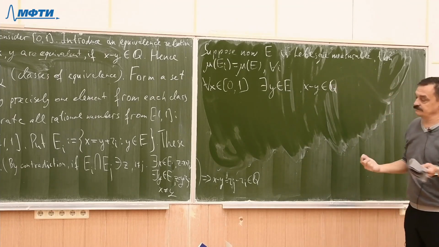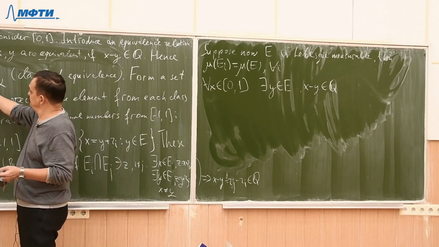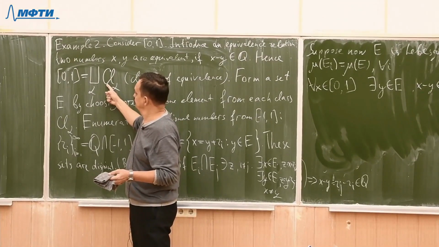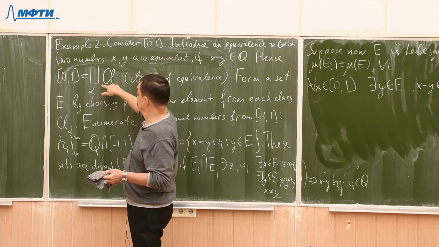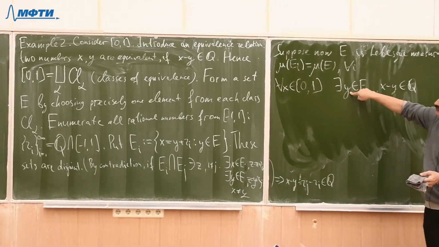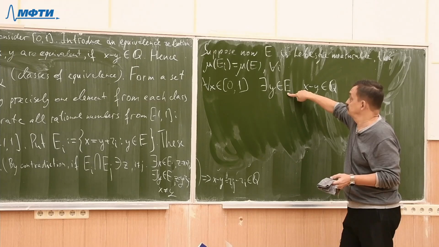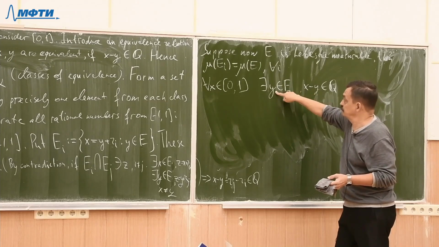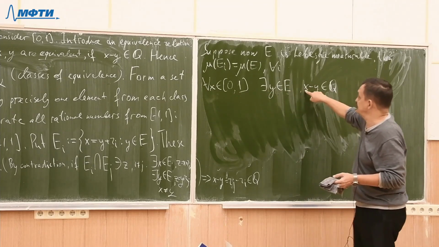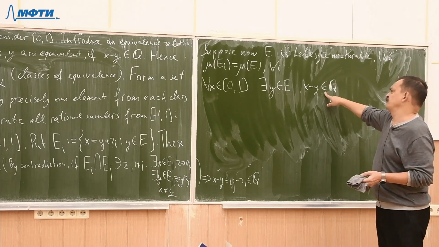Why? Because, remember, [0,1] was represented as a union of classes. Hence, X belongs to some class, and for sure we have a representative of that class in our E, so X and Y are in one class, hence the difference is rational. And what about this rational?